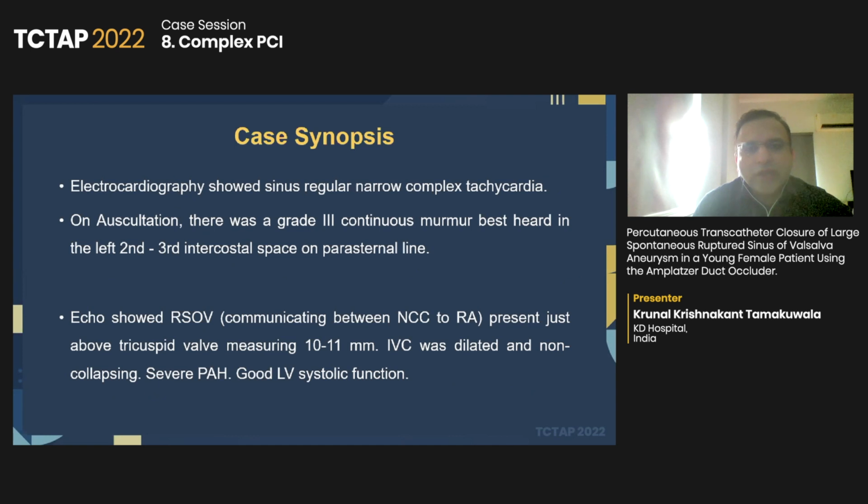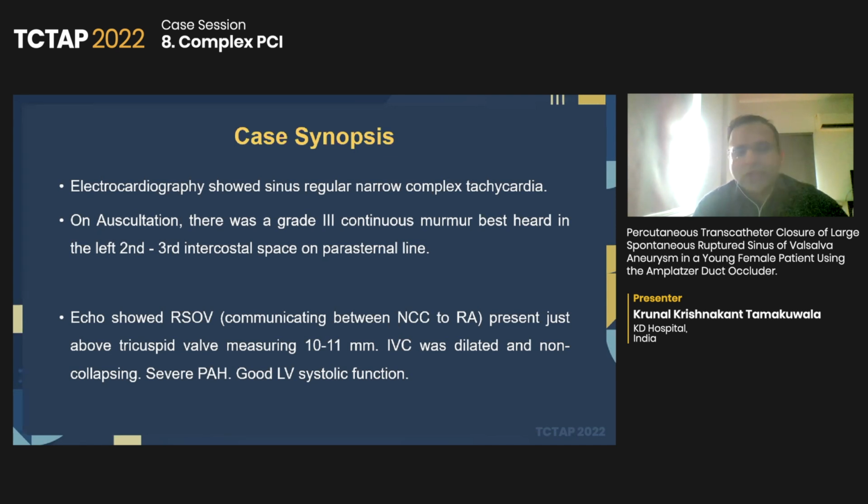Electrocardiography showed sinus regular narrow complex tachycardia. On auscultation, there was a grade 3 continuous murmur best heard in the left second and third intercostal space on the parasternal line. Echo showed RSOV communicating between the NCC and RA, just above the tricuspid valve, measuring 10 to 11 mm.